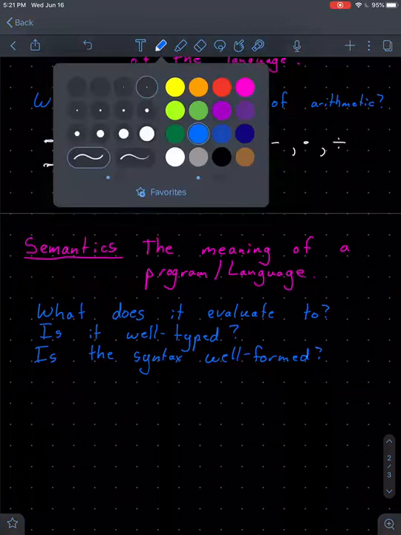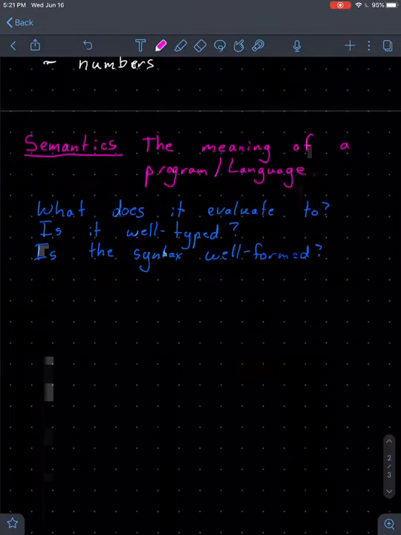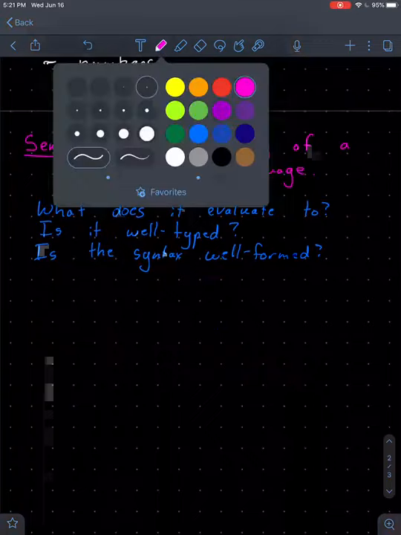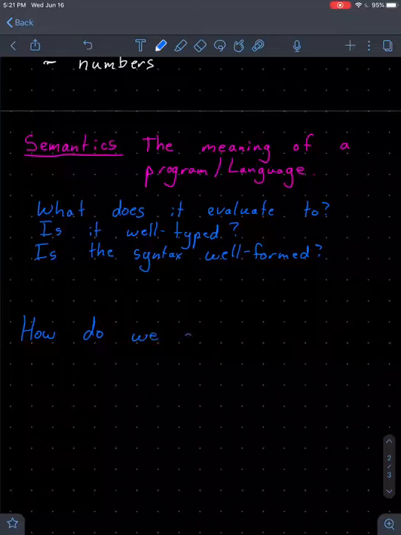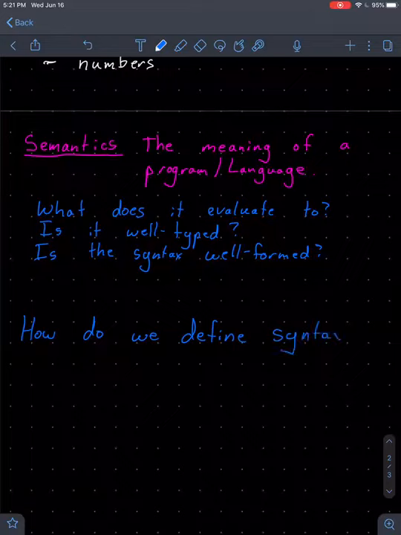Let's revisit the syntax. How might we formally describe the syntax of this language? Any ideas?